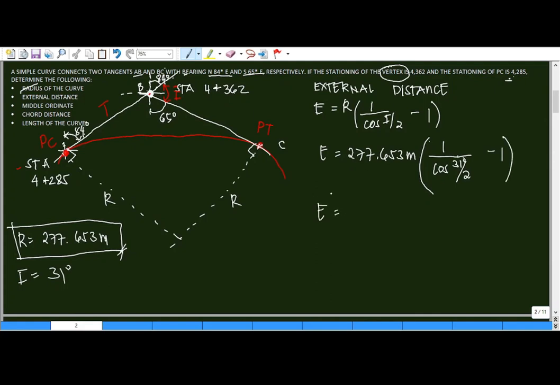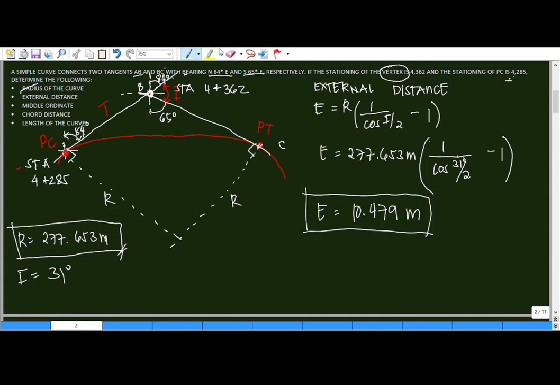So, inputting that in your calculator, my answer here is 10.479 meters. Okay, so yan na yon yung value ng aking external distance.